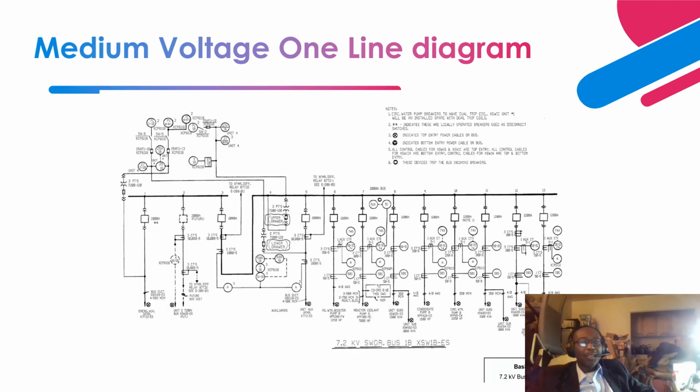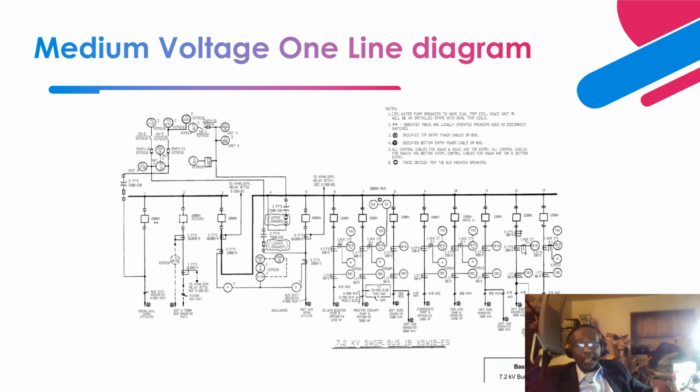Okay, so now let's talk about the medium voltage one line diagram. I indicated that for a generation facility, we have medium voltage buses and switchgear that you need to provide power to. That provides power to large motors.